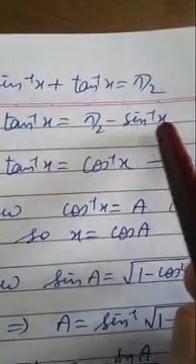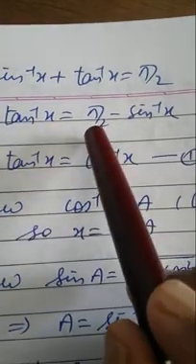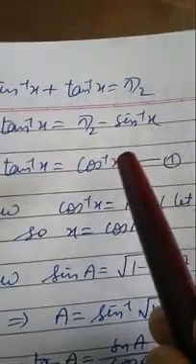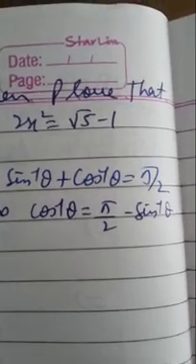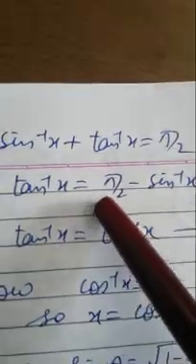Pi by 2 minus sin inverse x is equal to cos inverse x. Using this, cos inverse theta is equal to pi by 2 minus sin inverse theta, so pi by 2 minus sin inverse x becomes cos inverse x.